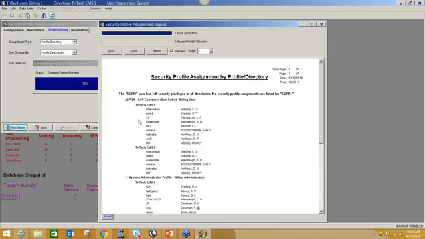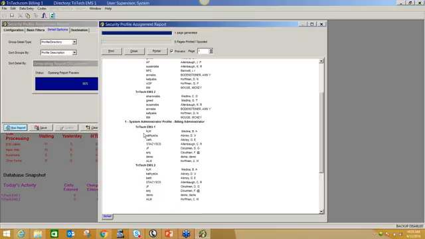So in this case, we can see in directory TriTech EMS1, these people have the data entry profile. In EMS2, these people have the data entry profile. As far as the system administrator profile, again in directory 1, this group of people have the system administrator profile, and in directory 2, this group of people have the system administrator profile.